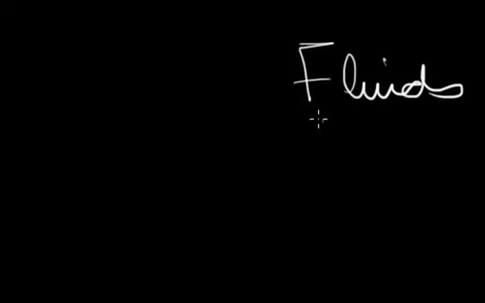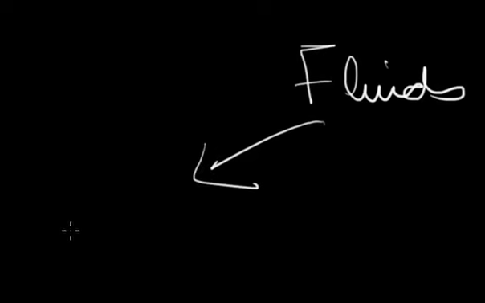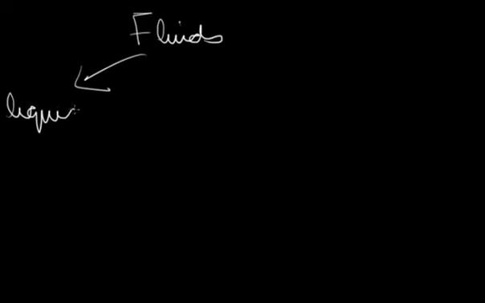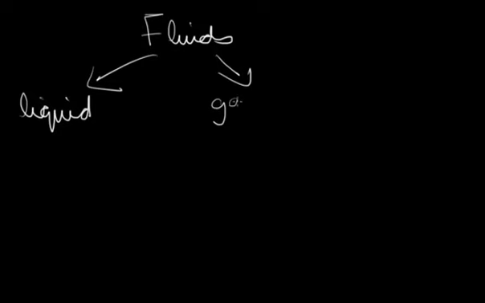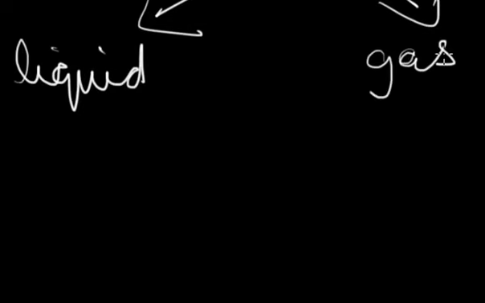Now, when we say that fluids refers to a substance which can flow, it simply means that we are not only looking at liquids, we also have to include gases, because gas is a substance which can flow. So what's the key difference?